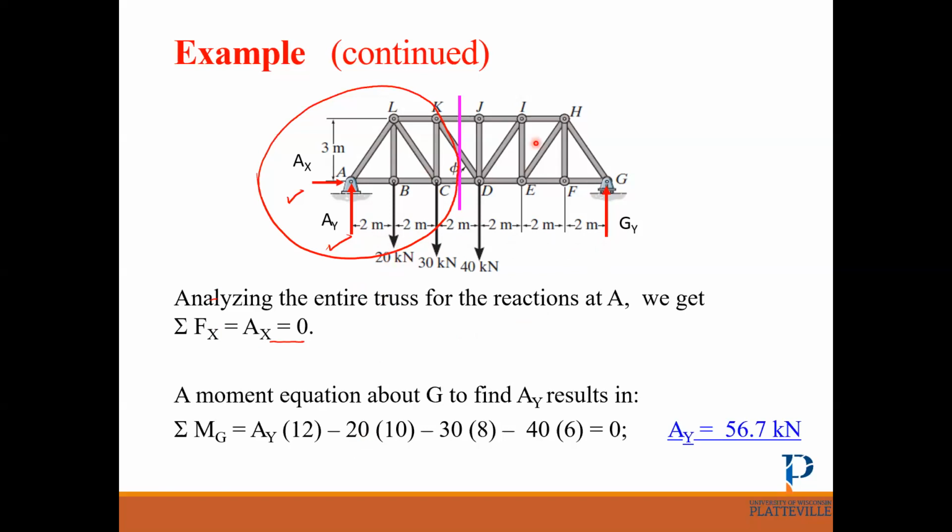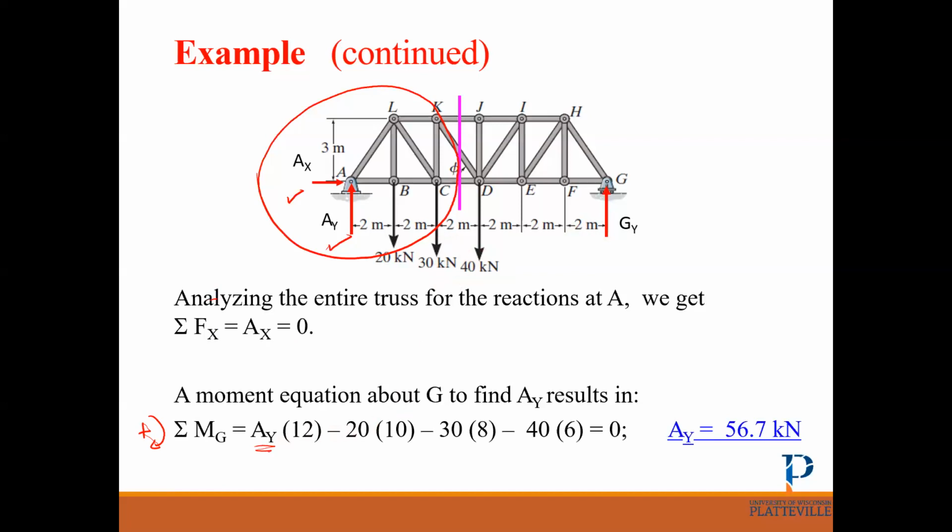Let's say it's 20 multiplied by the distance, which is 10 meters. Again, for 30 and 40 it is the same thing, multiply by lever arms. Let's say clockwise is positive. So this is how we can find Ay.